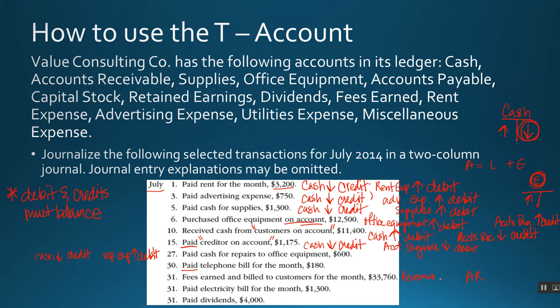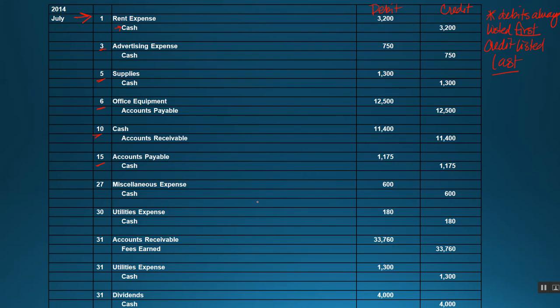Is my revenue increasing or decreasing? It's always increasing. What about accounts receivable? Well, in this case, it's increasing because I'm waiting to receive this $33,760. Revenue increases on the credit side. Accounts receivable increases on the debit side. So when you take a look at that, that's where you have here the 31st that took place.